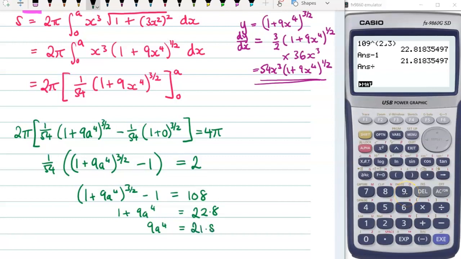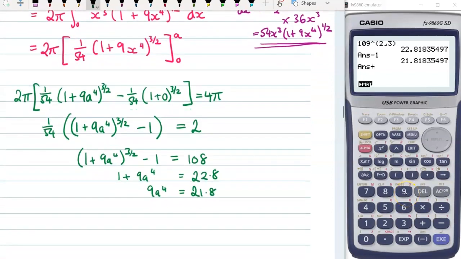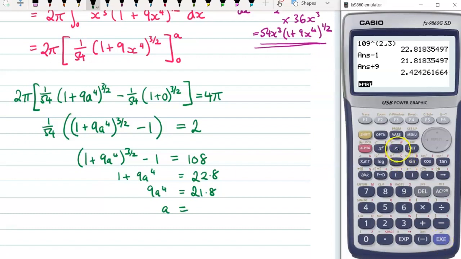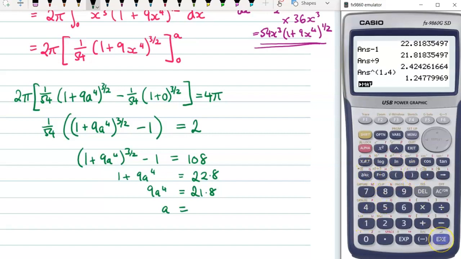Oh, let's write that bit down, middle step. So divide it by 9 and do it to the power of 1/4 to find that fourth root. And a is equal to 1.25.